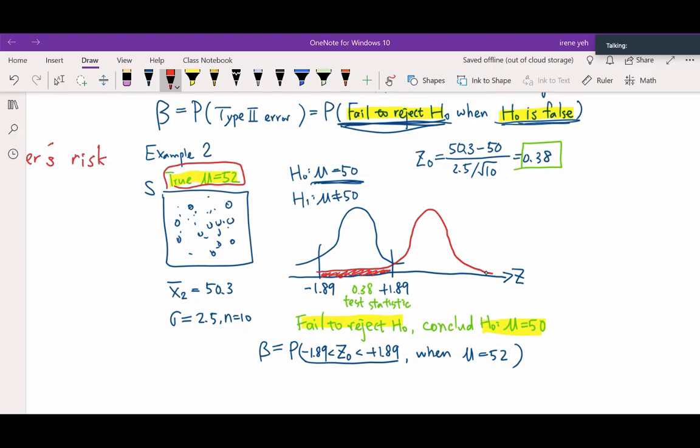That highlighted red area is the probability coming from the red distribution but located inside the confidence interval. Again, this is my beta. Beta is the probability that the sample mean comes from the red population but happens to fall inside the confidence interval. Okay?